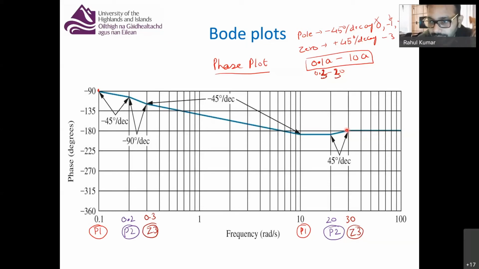And zeros cause a slope of plus 45, that is, they increase the slope. So if after 30 radians the effect is going away, in that case the slope will decrease. So you will subtract 45. So altogether, again after 30, your slope will be 0 degree per decade.